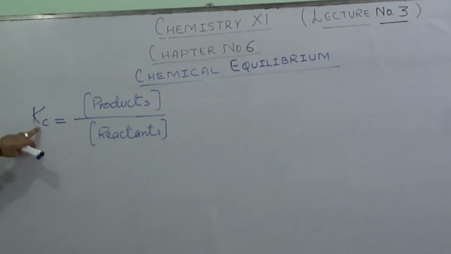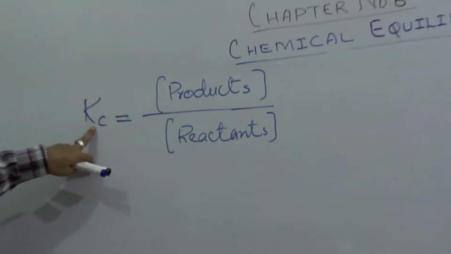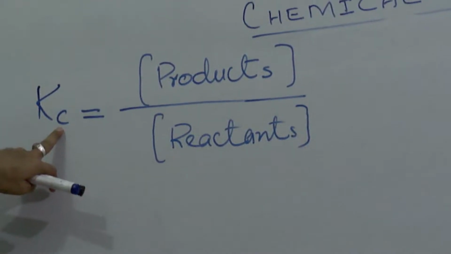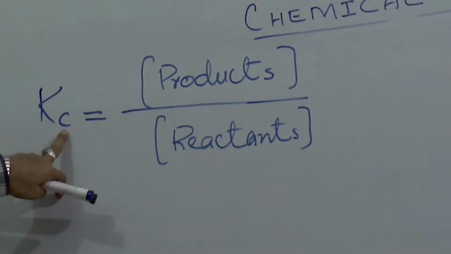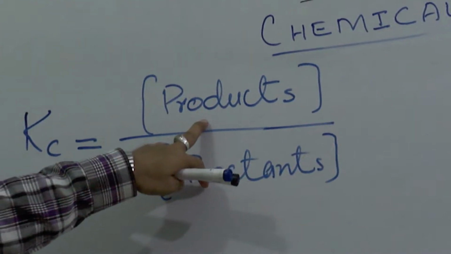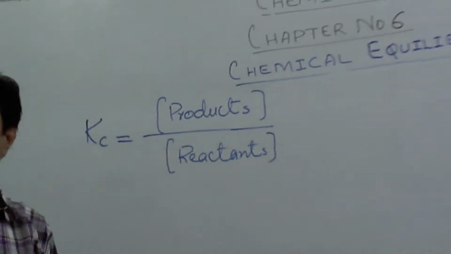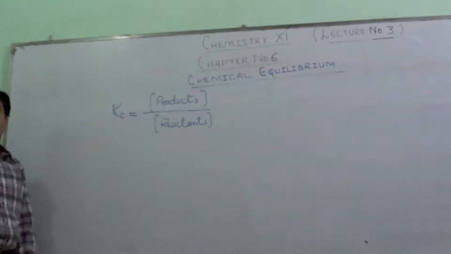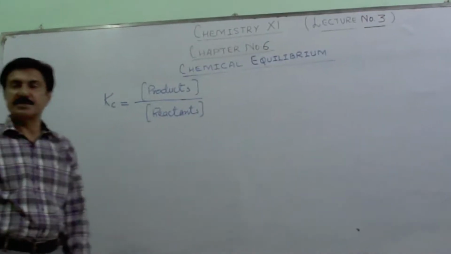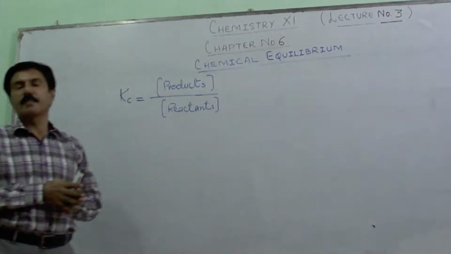My dear students, in this expression Kc, which is called the equilibrium constant, the letter C is the general representation of concentration of the reactants and products. When we talk about molar concentrations of reactants and products, it means the reaction proceeded in solution form or in liquid state.